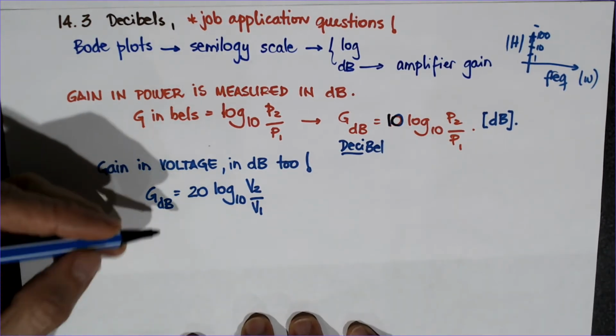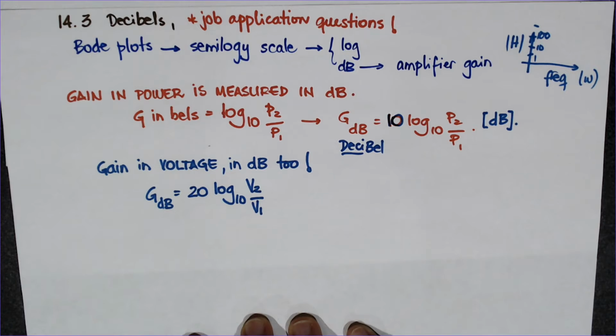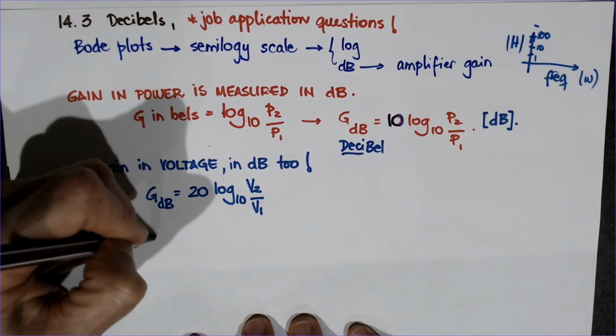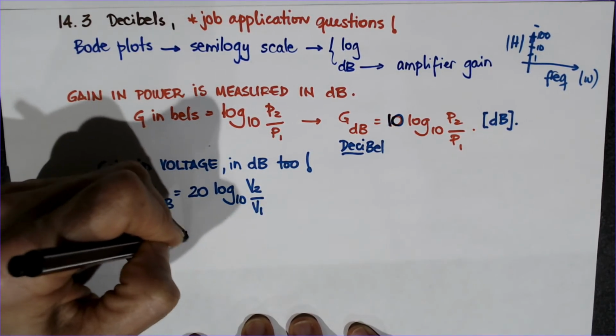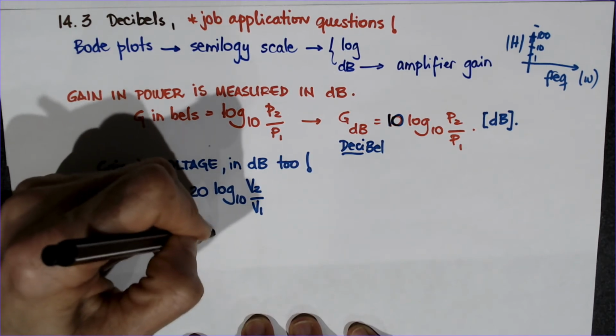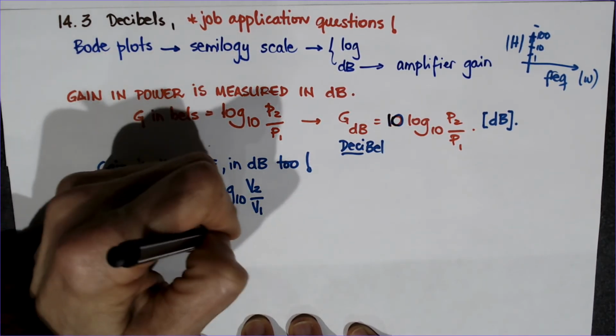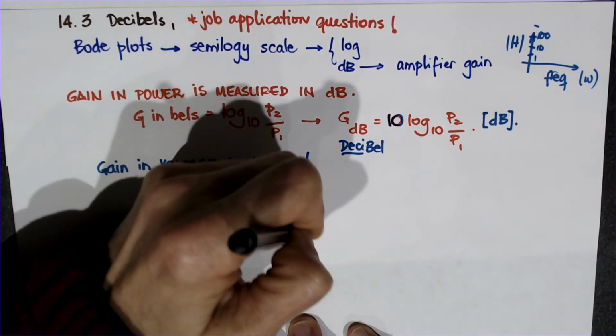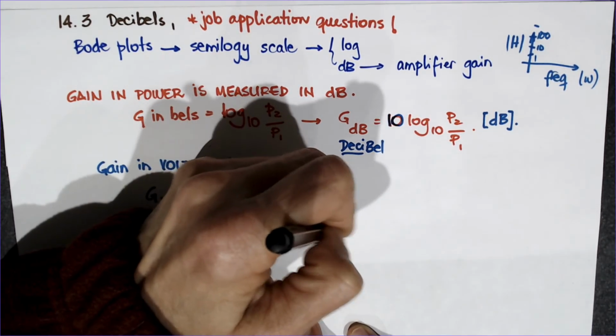And here's a question. An amplifier system that you buy commercially specifies a 30 dB gain.